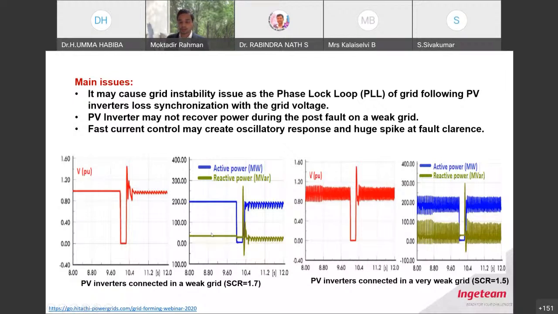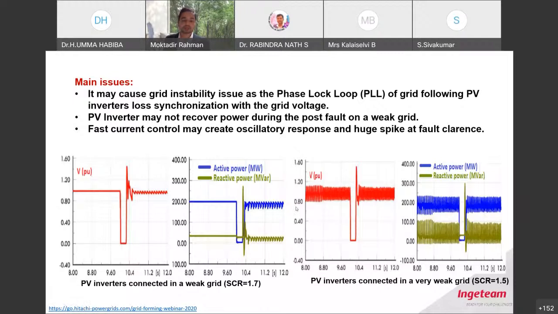When the SCR is below 1.5, you can see huge oscillation before and after the fault, and the PLL cannot track this huge voltage movement, so it provides the wrong angle to the current controller. This is not good for this grid following converter technology.